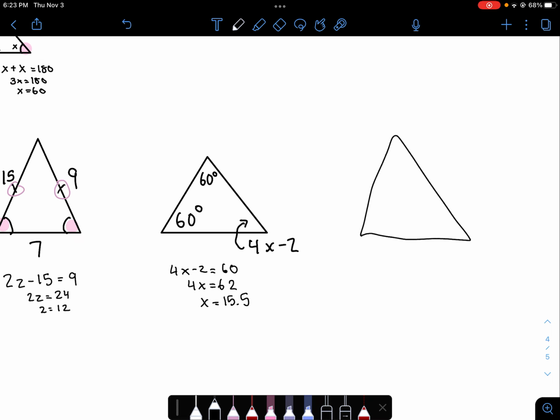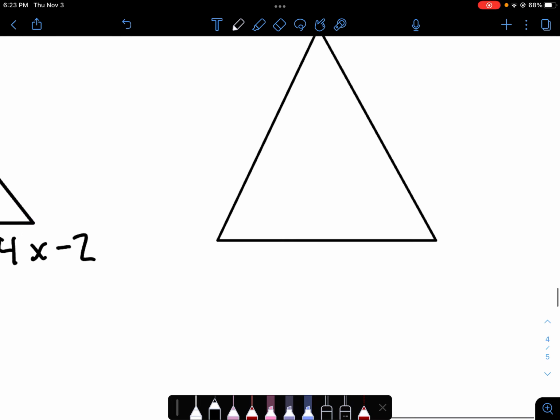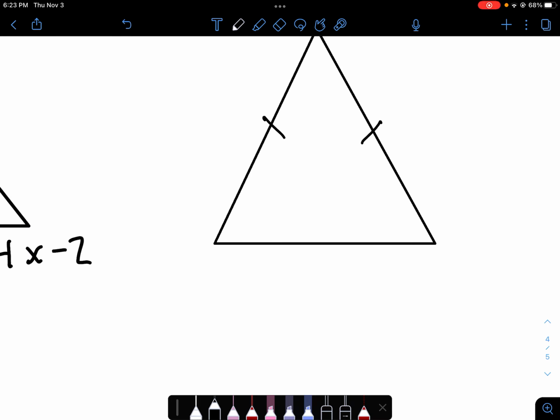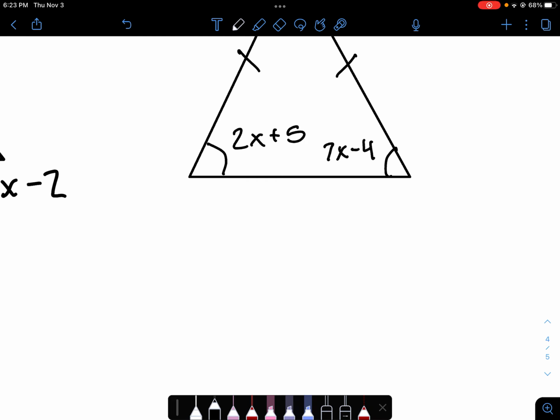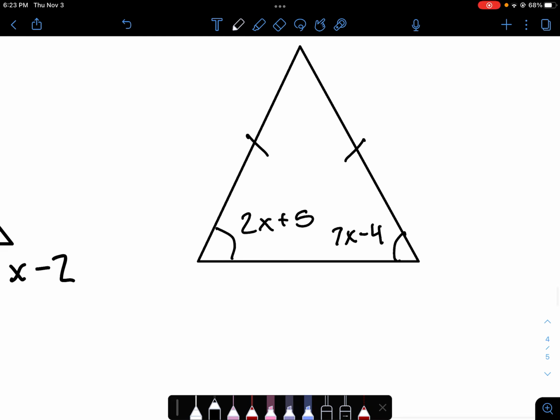Like, just for example, you might have just this indicator and then this angle equals 2x plus like 5 or something, and then this angle equals like 7x minus 4. Don't be freaked out because you don't know any of these angles.